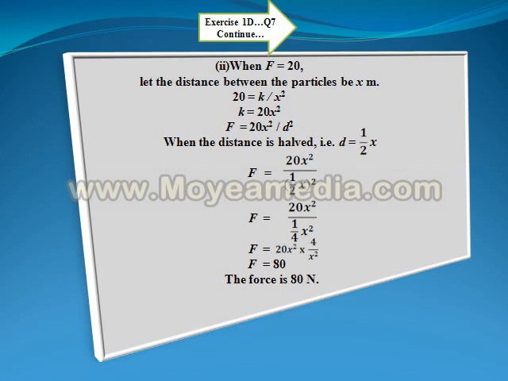In other words, you can also see force 20 to 80 means it has become 4 times. 20 plus 20 plus 20 plus 20, 4 times. So making the distance half, the force becomes 4 times. That's the kind of explanation you can say, the word problem. Okay, so mathematically we're done with this.